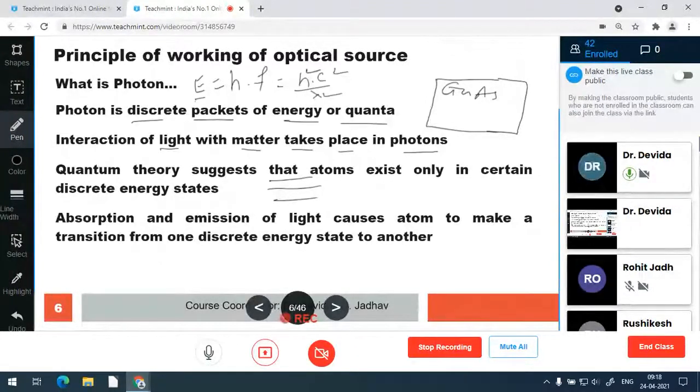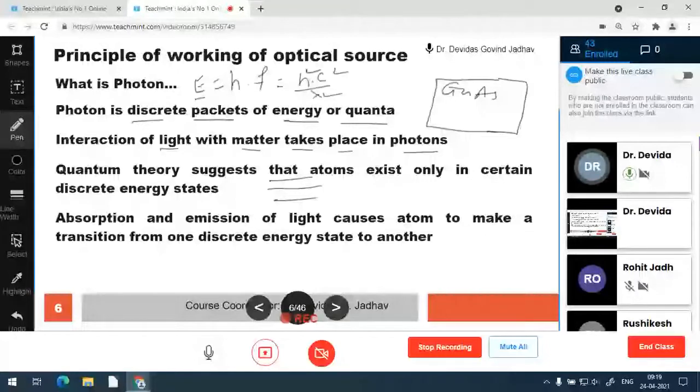They are not continuous, they are discrete. One value is for the valence energy level, the other for the conduction energy level, and there is a gap between them in the atom. That gap is called the band gap energy.